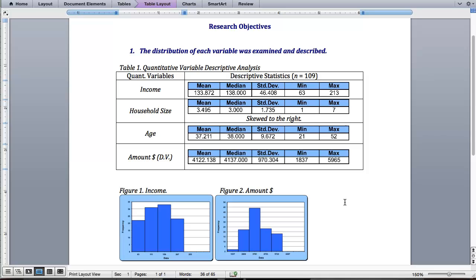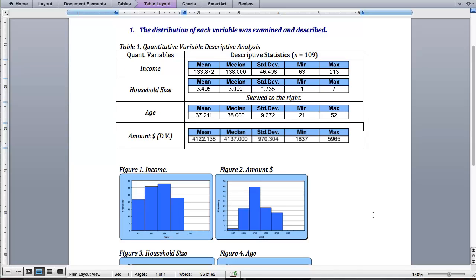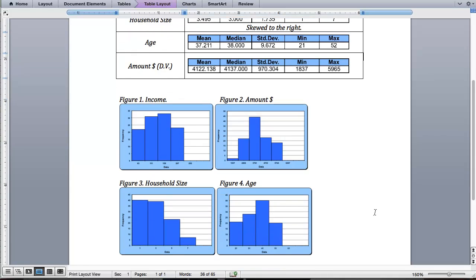Now, I'm not commenting specifically on every one saying it's approximately normal or no strong skew or no outliers, because I chose to include the histograms, which are showing that for us.